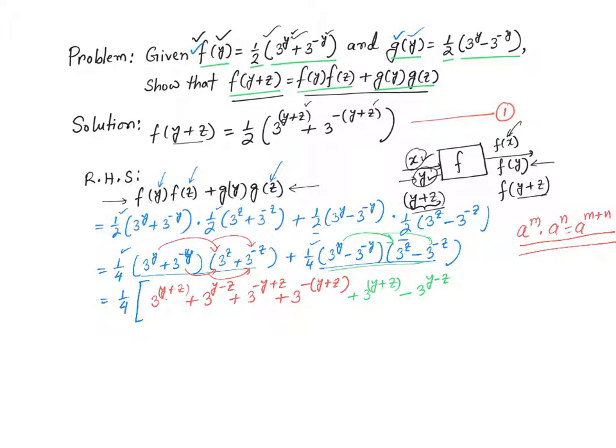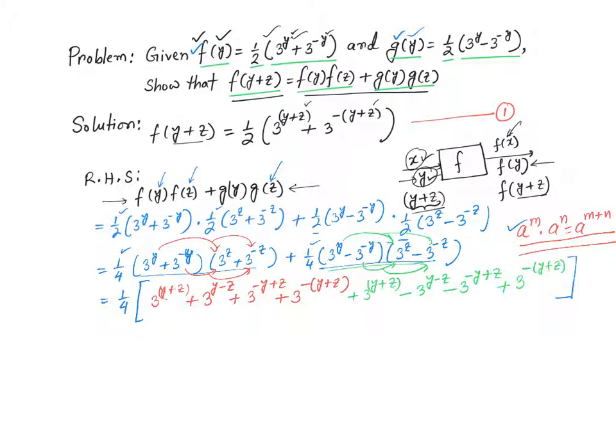Now negative 3 to the power negative y times 3 to the power z gives me negative 3 to the power negative y plus z. Then negative 3 to the power negative y times negative 3 to the power negative z gives me a positive 3 to the power negative (y plus z). Please keep in mind that in the entire process, I have used just this formula.